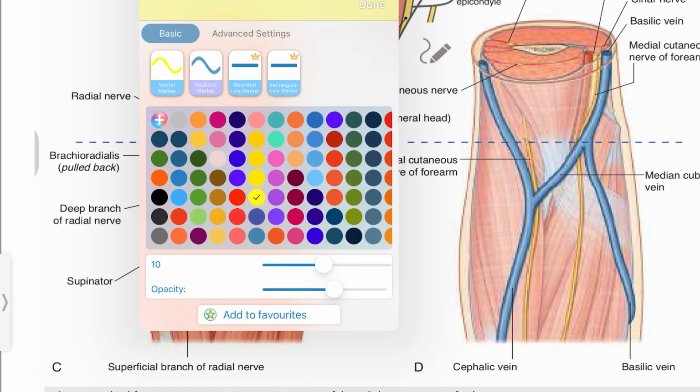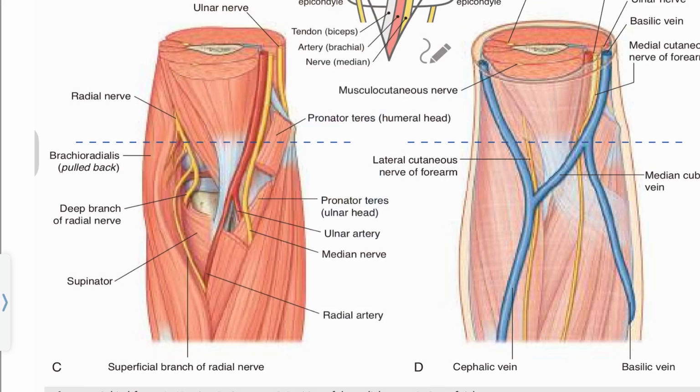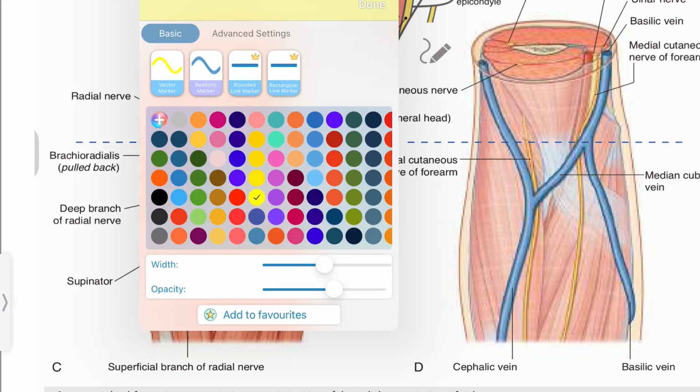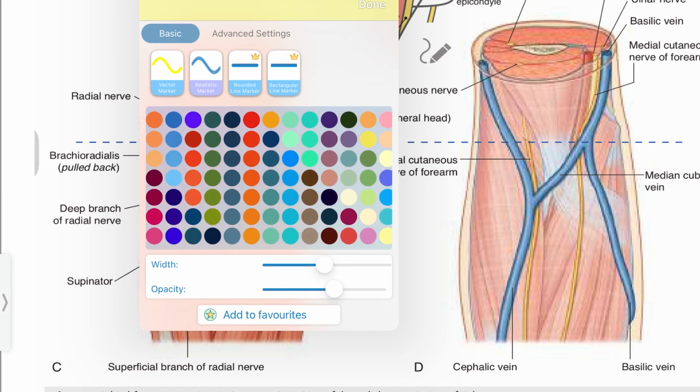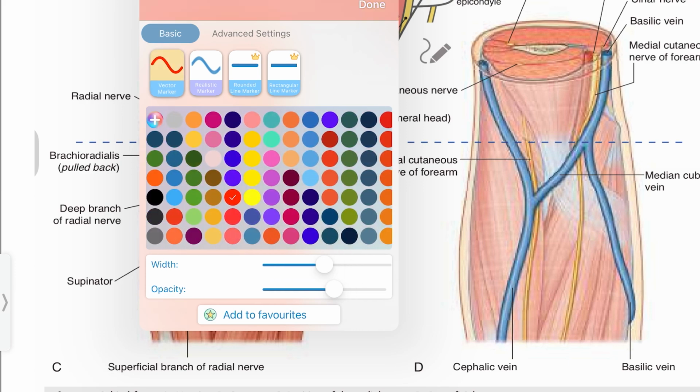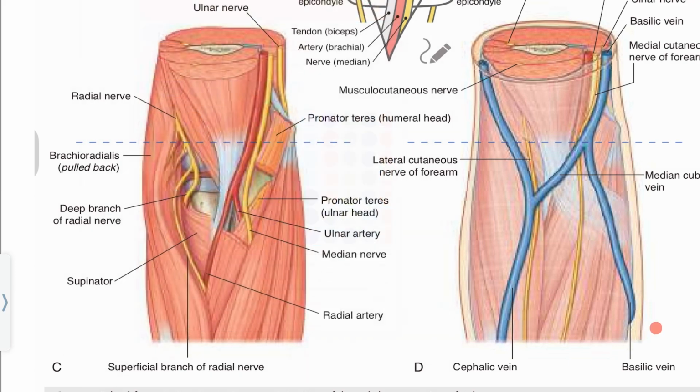This is the pronator teres muscle, which forms the medial boundary of the cubital fossa.